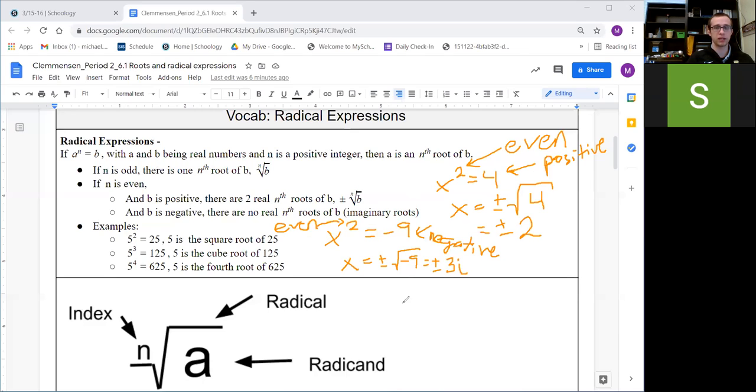So if we had something like x cubed equals, let's say, 8, this will say, just like we did before with taking the square root of it, x equals the cube root of 8, where we have a 3 right there. We're going to call this our index.